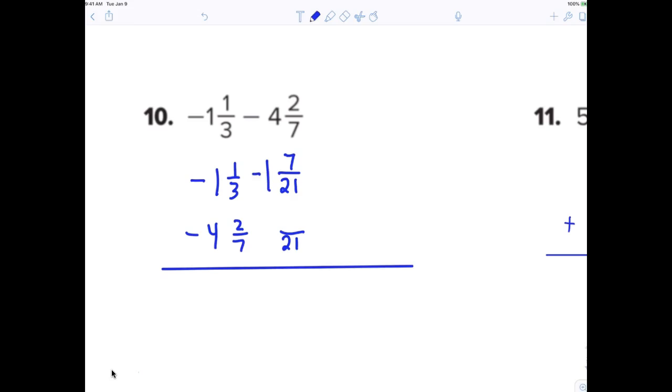The next fraction, what do I have to multiply by, Sienna? I'm multiplying this by 3. Yes. There you have it. Now we have common denominators.